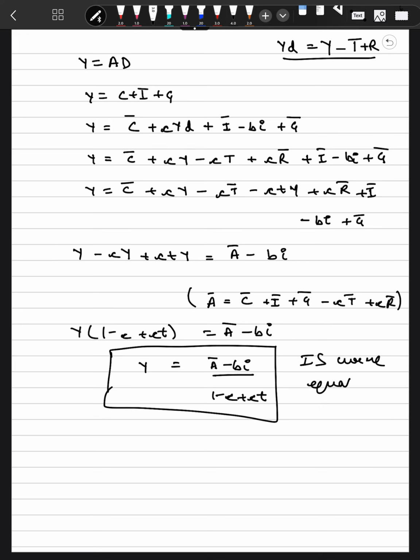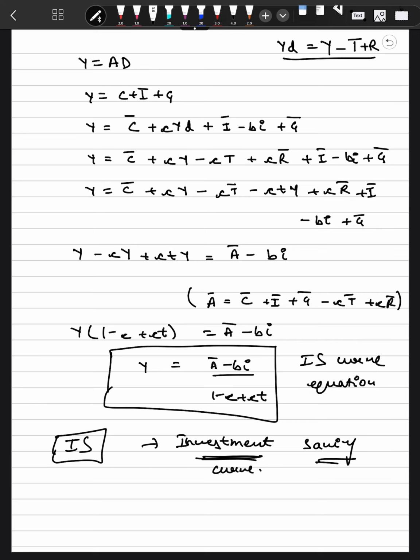So this is our IS curve equation. Now what does this IS stand for? IS stands for investment saving curve, if you want to remember it like this. Basically we know, and also in the circular flow of income, the video of which I have already uploaded, we say that in the goods market, when we say aggregate demand is equal to aggregate supply, this also happens at the point where investment is equal to savings.